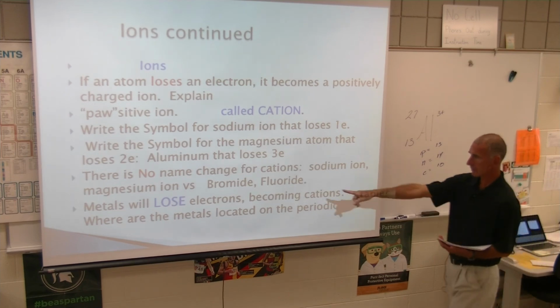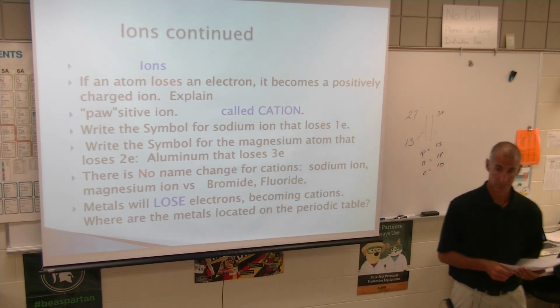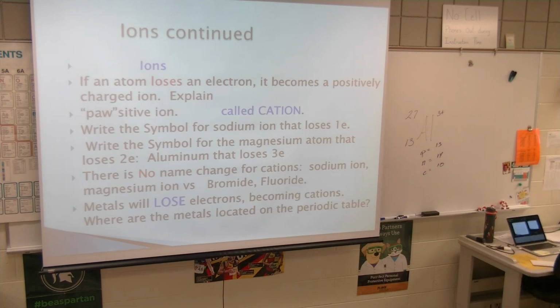Okay? Metals are going to lose electrons. Where are the metals located? On the left side. On the left side of the periodic table. So about 90% of the elements are metallic. They're going to give up electrons. Okay?